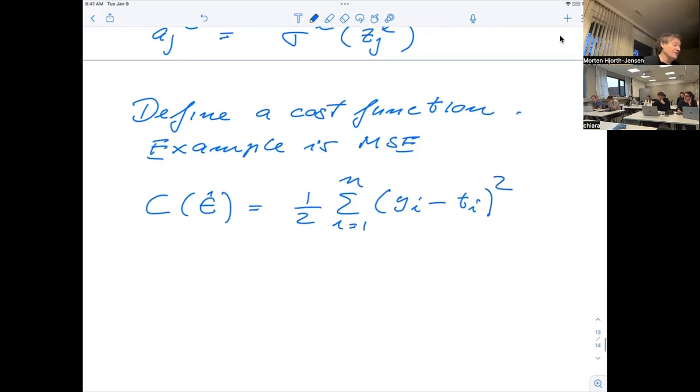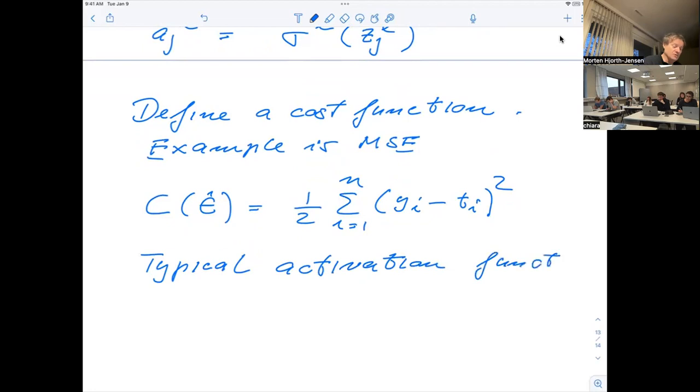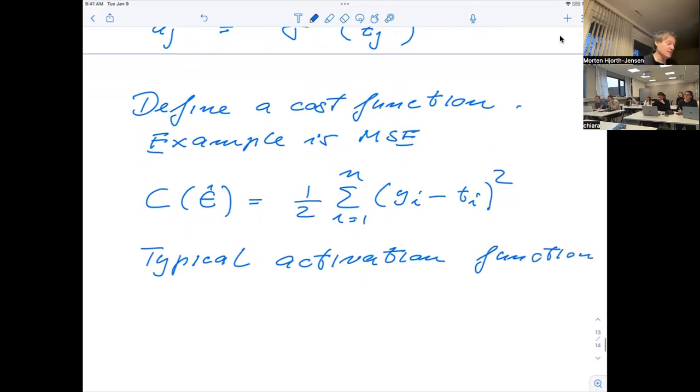And then we also need to define a typical activation function. And in the example which I'm going to run through first, I'm going to set up the sigmoid function. So a typical activation function is now going to be given by my sigmoid.